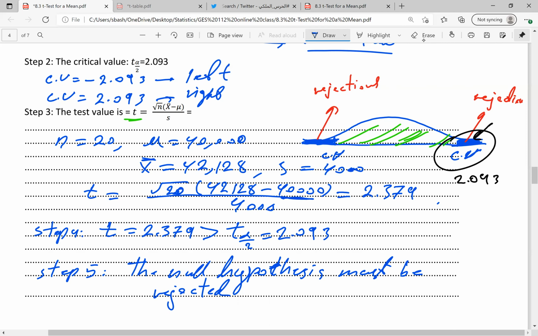So we have to reject the null hypothesis and accept the alternative hypothesis.